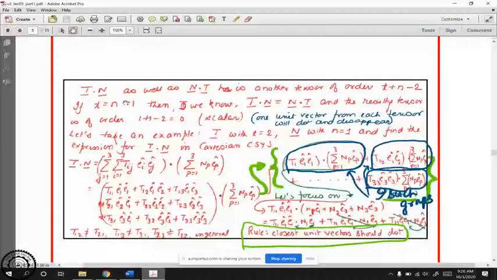But one thing we can conjecture right now is that, whether it is T dot N or N dot T, we expect it to result in another tensor of order what? t plus n minus 2. And why am I saying that? Because in this dot product, unit vectors are going to get sacrificed, just like in vectors. What I mean to say is that unit vectors disappear after the dot product.